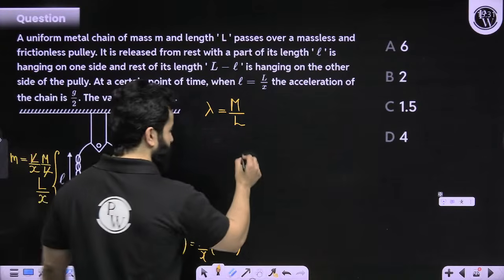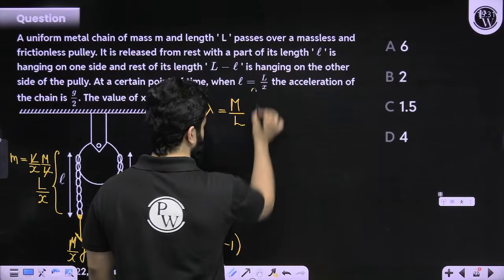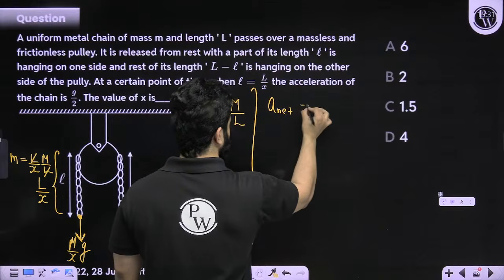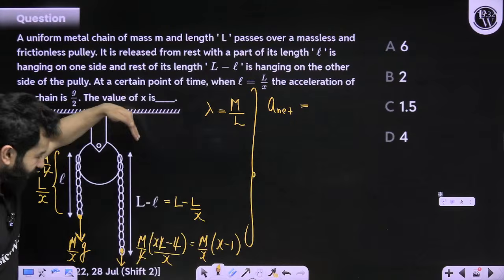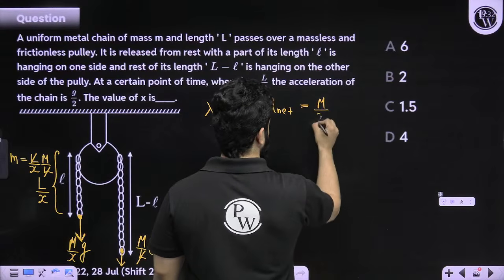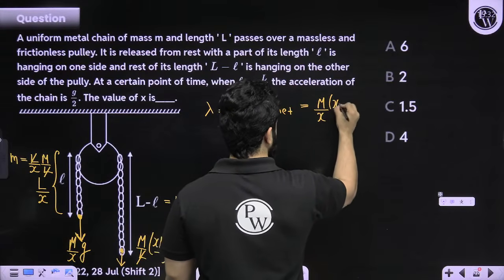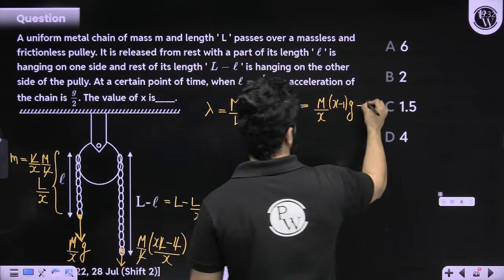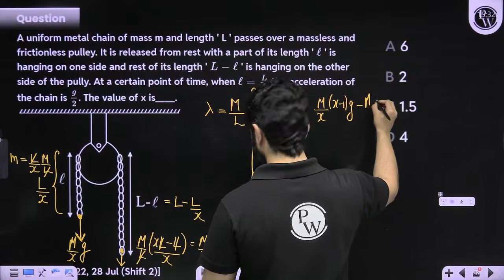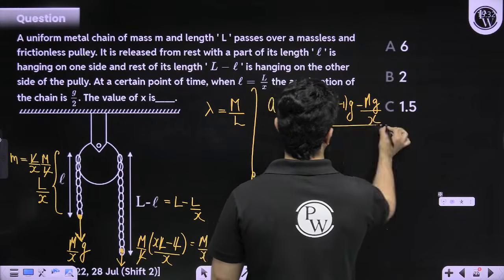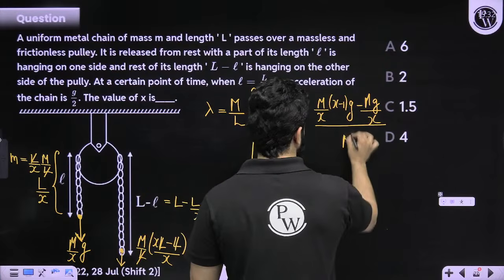So net acceleration will be written something like this. This force, that is m divided by x times x minus 1 times g, minus mg divided by x, whole divided by total mass, that is m.